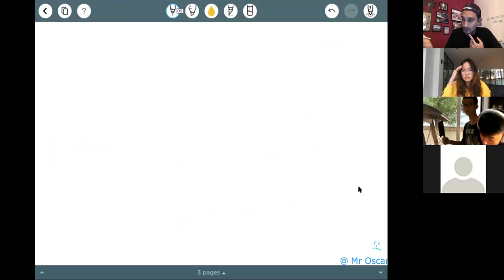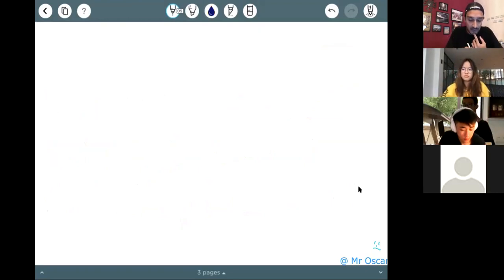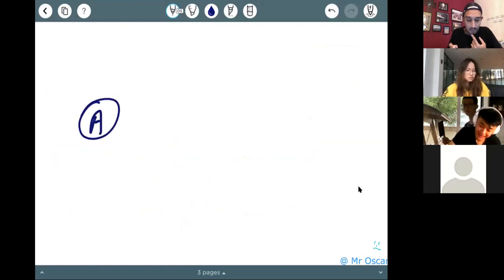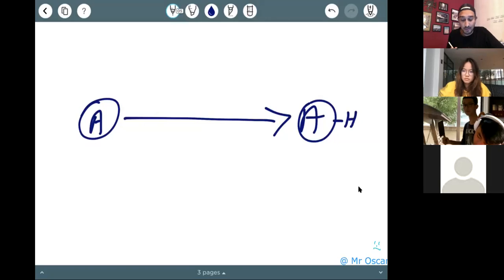Let me show you this. Let's say, for example, random compound letter A becomes random compound letter A with a hydrogen. Did A become oxidized or did it become reduced? Oxidized, because it gained an electron, gained a hydrogen.